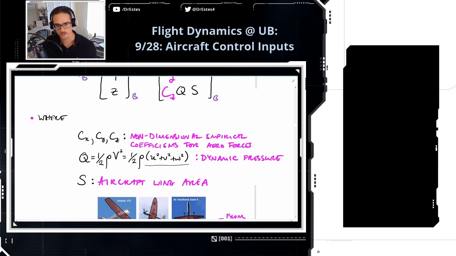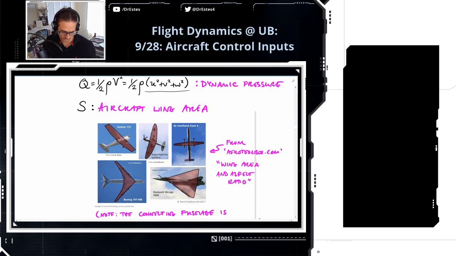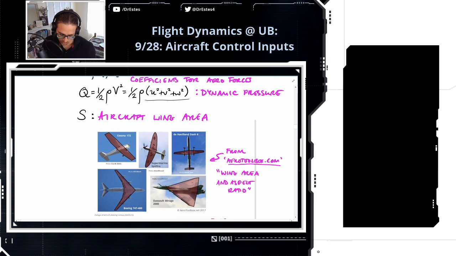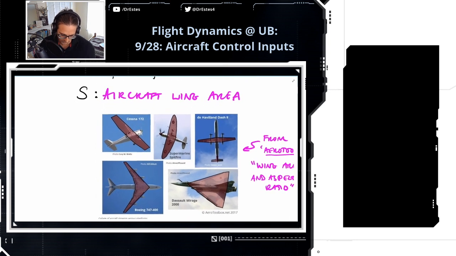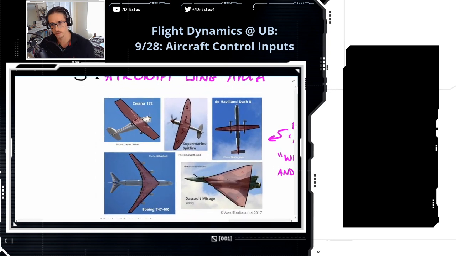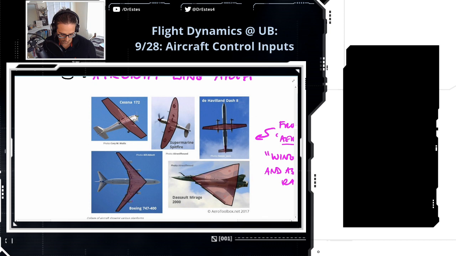And I pulled some examples here from a cool website. It's called aerotoolbox.com. And I found a couple web pages within that site that are really excellent. So if you're trying to visualize wing area, here are a couple examples. We have a Cessna. We got a Boeing 747. So basically, it's the projected area of the wing, both sides, but also it includes the connecting fuselage area, right?